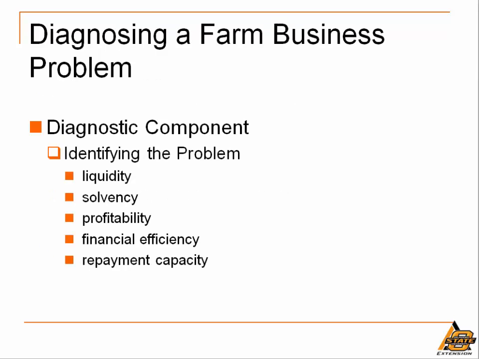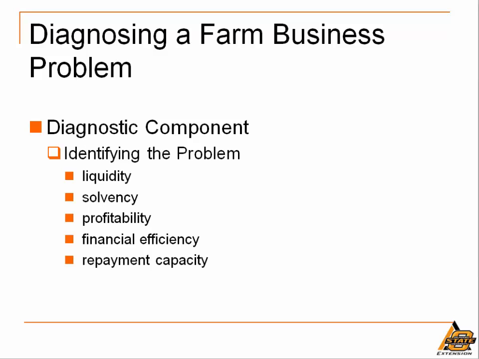We've already, in previous videos in this segment, talked about one of the most critical aspects of diagnosing a farm business problem, and that is to identify specifically which subset out of the 5 primary categories of farm financial performance and position that the specific business being examined has that is contributing to the problem.